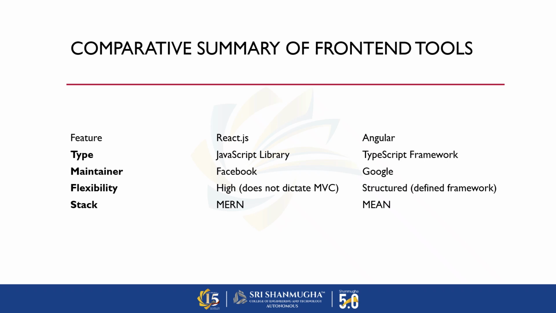So if you want to compare both the MEAN and MERN stack, it is enough to compare these front-end technologies, React.js and AngularJS. React.js is a JavaScript library. AngularJS is an entire framework, whereas React.js is just a JavaScript library.